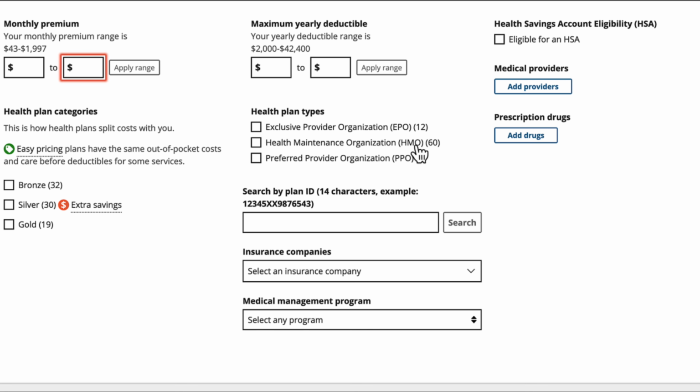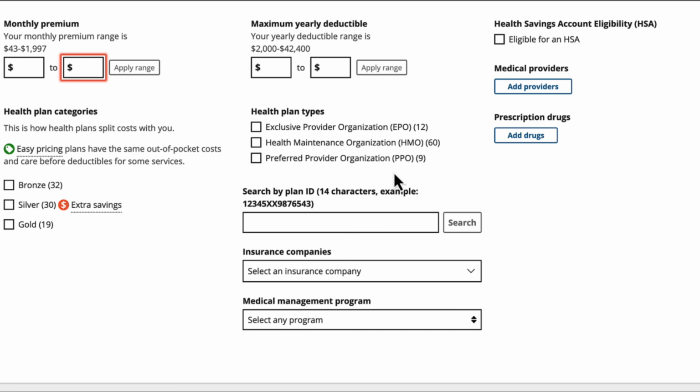Don't even bother looking at an HMO because you're going to end up having to pay completely out of pocket to go out of network, and that will end up costing you in the long run. Now, if you're someone who just maybe needs a little bit more flexibility, you don't want a referral to see a specialist, then an EPO could work as well. But if you are someone who specifically needs out of network coverage, just look at PPOs because an HMO is going to end up costing you so much more in the long run, even though those premiums may be lower on a monthly basis.